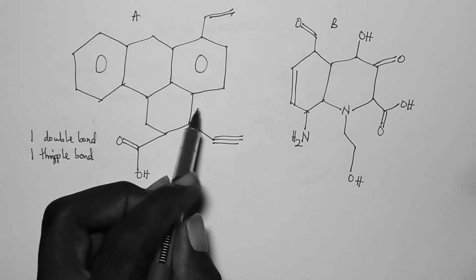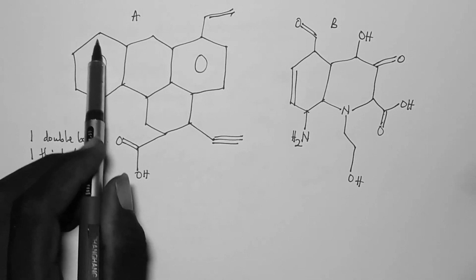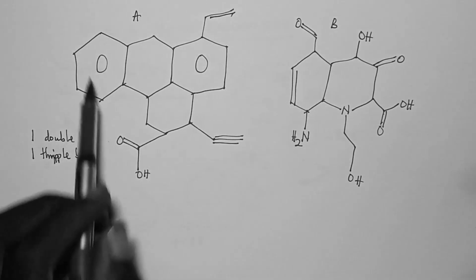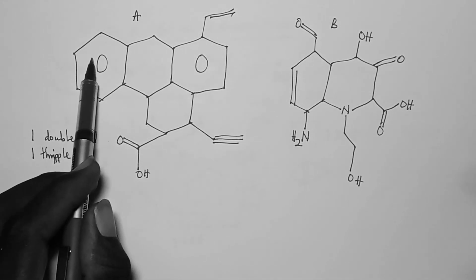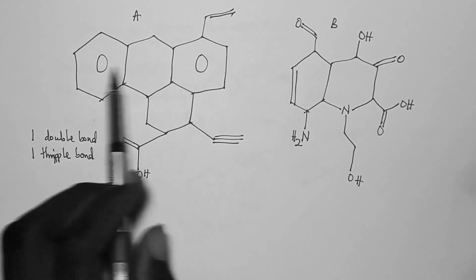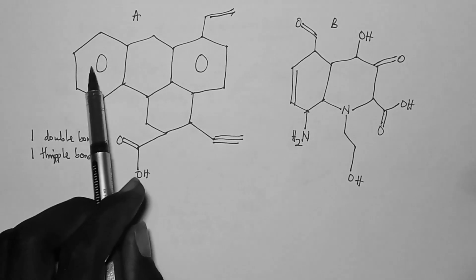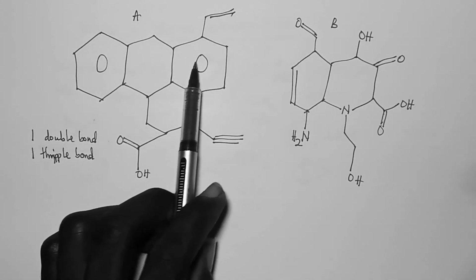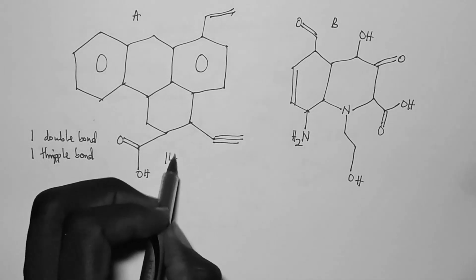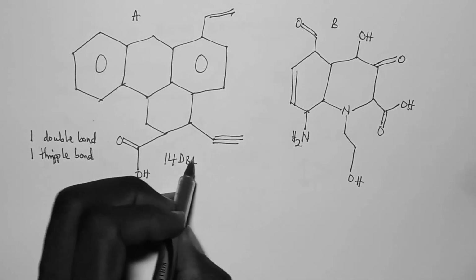And then apart from that, it has 3 pi bonds in 2 rings. So this ring has 3 pi bonds, this ring also has 3 pi bonds. So it makes it 6 pi bonds. So 6 pi bonds plus the 8 that we got initially will give us 14 double bond equivalents.